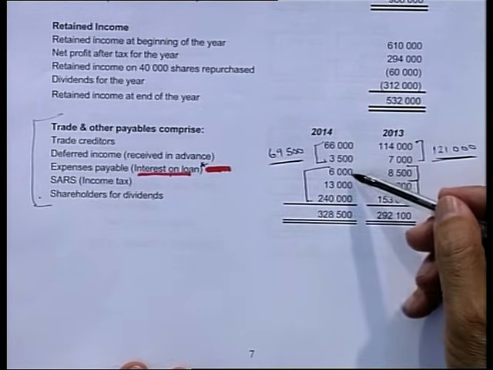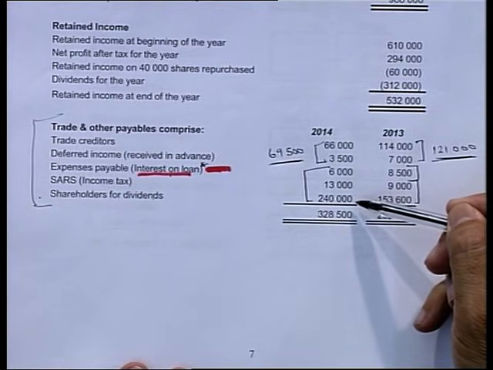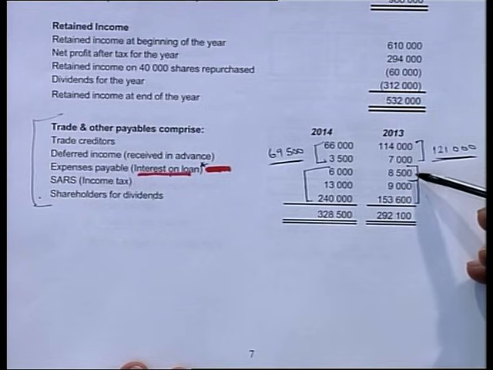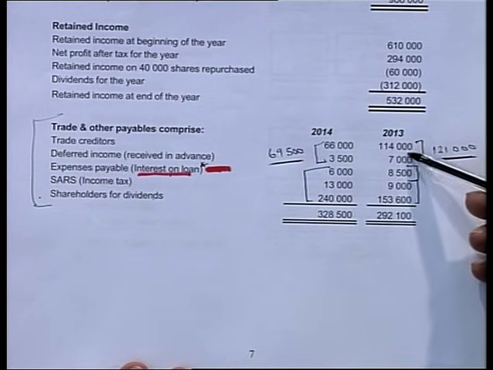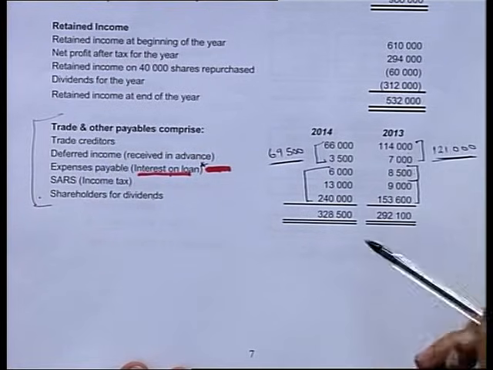So now we have to exclude the 6,000, the 13,000 and the 240,000. That's for the 2014 as well as for 2013. Don't take the interest on loan amount, so you only take the first two figures, which is the trade creditors and the income received in advance.